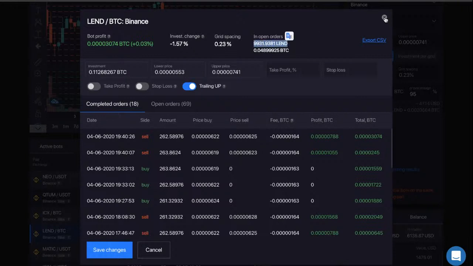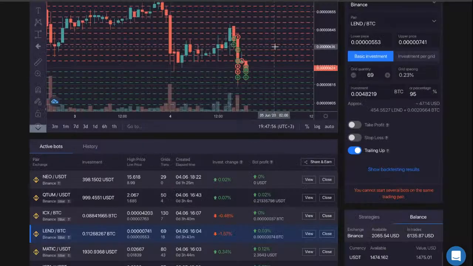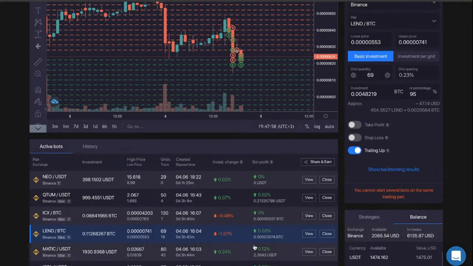So that means that I am affected by the negative value change as the price moves downwards. But the hedging effect here is that using this profit generated by the bot, and by the way, as I said, the bot is making profits regardless of the market direction.